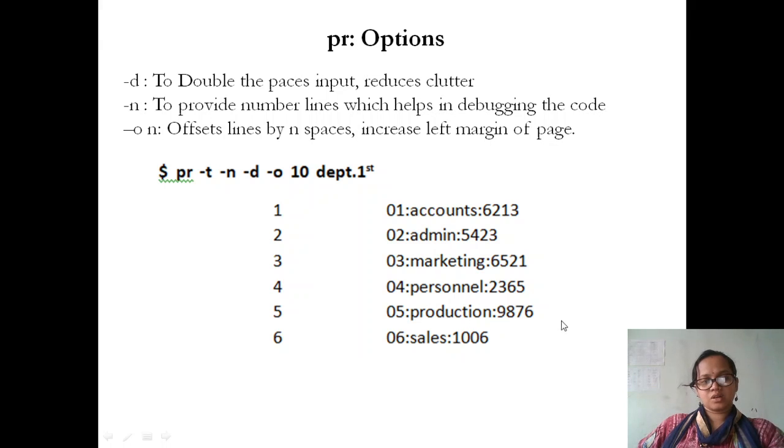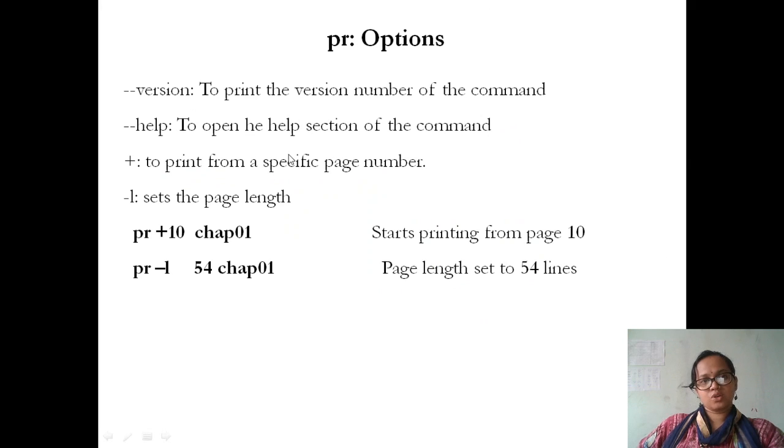So you can have whichever desired output you want. Once again, there are some more options like --version, which prints the version number of the command, and --help, to get help about the command you want.